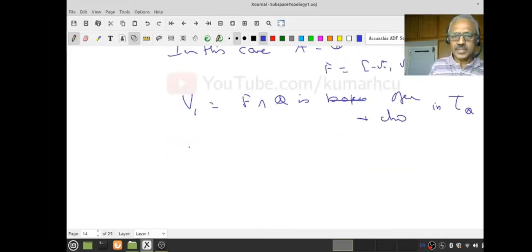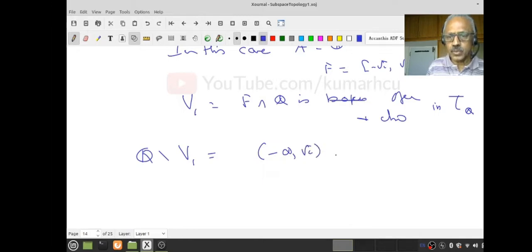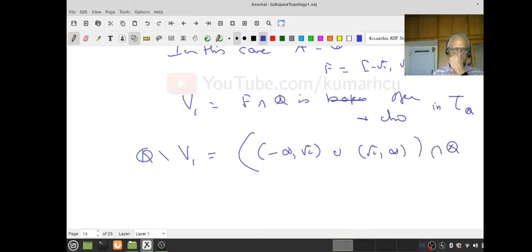Because what is the complement of V1? You can see this is the intersection of minus infinity to square root 2 union square root 2 to infinity, this set, intersected with Q. Therefore this is also open in tau_Q.